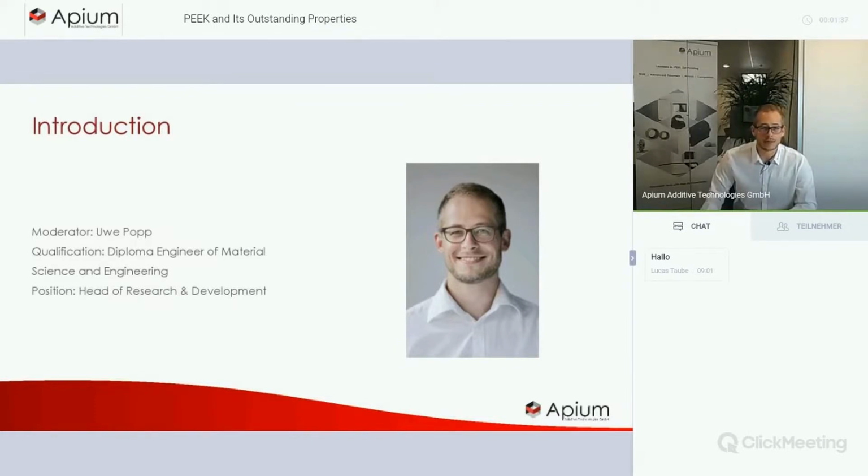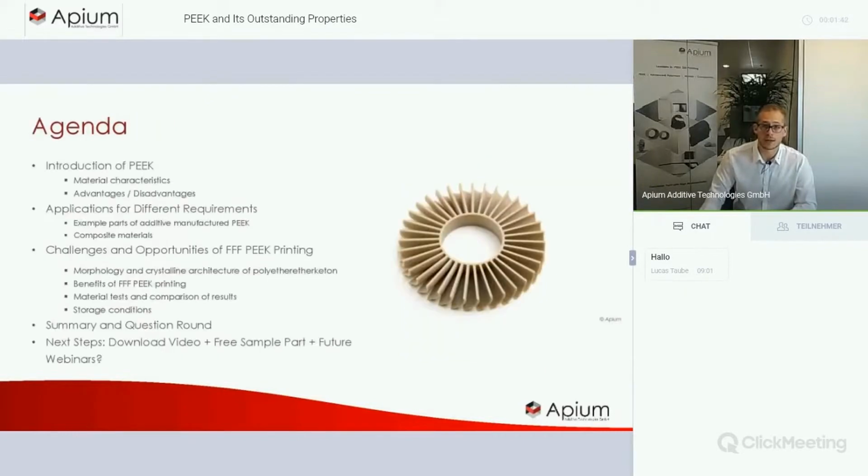And today I want to talk with you about the following points. First of all, I want to give an introduction of PEEK, about the material characteristics. I want to highlight some advantages and disadvantages. In the next chapter, I want to speak about applications for different requirements.